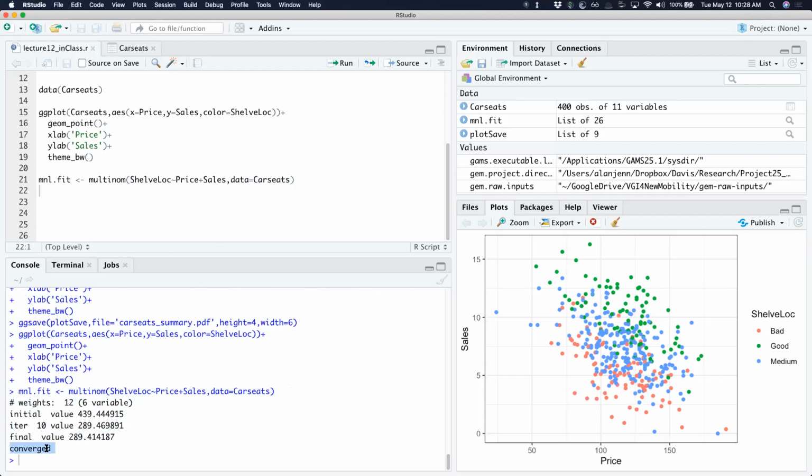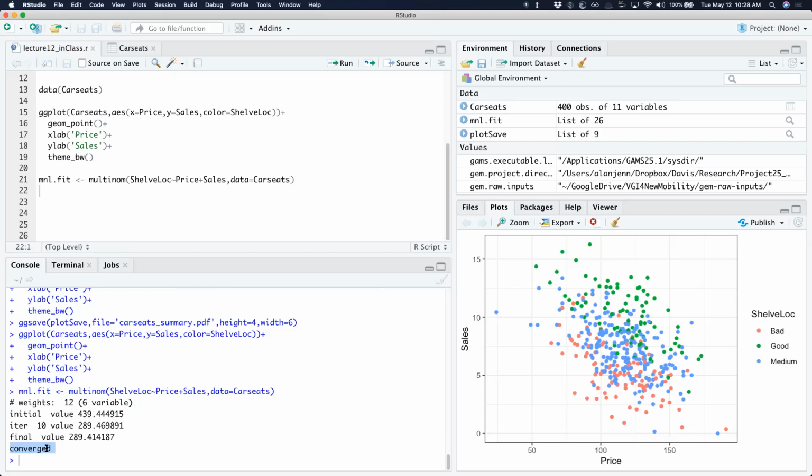As I mentioned before, unlike ordinary least squares, the multinomial logistic is not an analytical solver, it's a numeric solver, which means that it is essentially iterating through derivatives to calculate the log likelihood function and maximize that log likelihood.